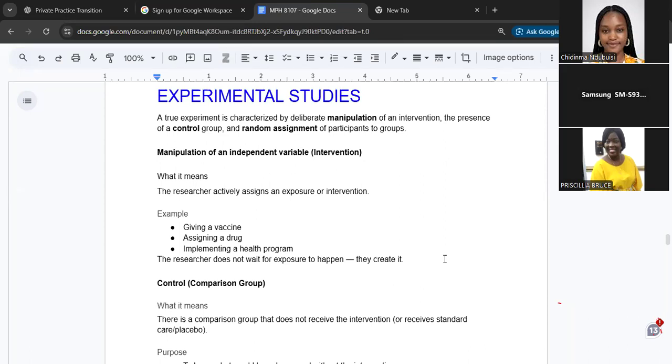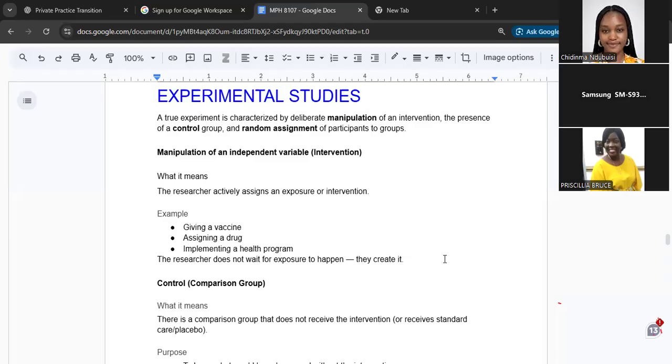There's an exposure that we are introducing. We want them to be exposed to a particular thing. That thing can be a vaccine, a drug, a health program, maybe health education, like all this health talk, or a health app.